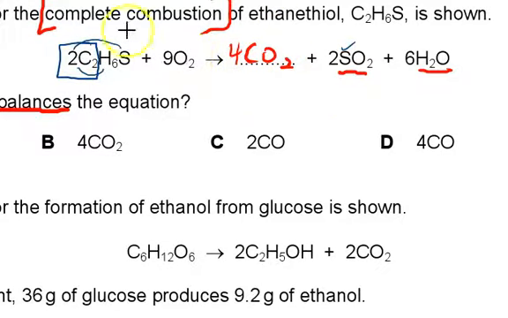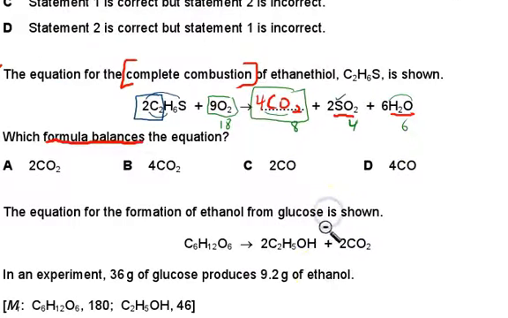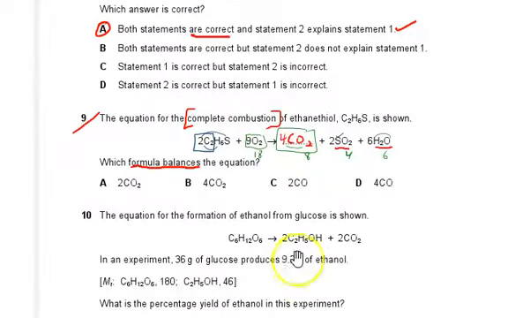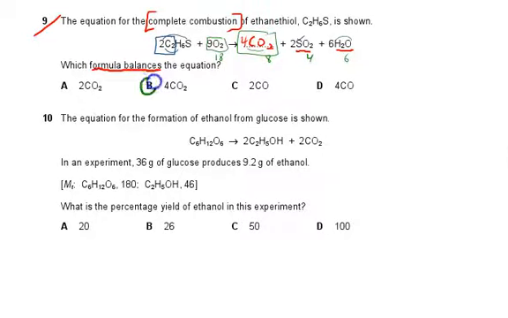Now just to confirm this, let us check the oxygen. So here we have 18. Here we have 8, here we have 4, and here we have 6. So all total we have about 18. Yes, this is correct. So your answer for number 9 is going to be B.